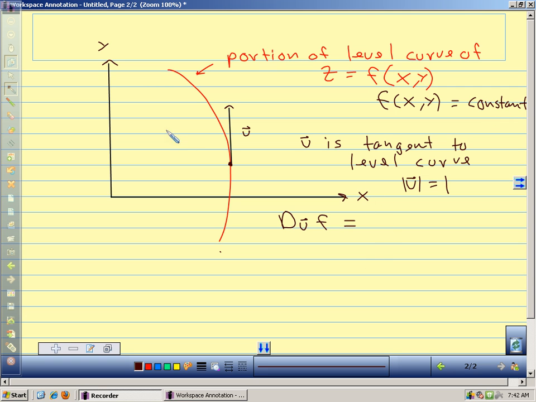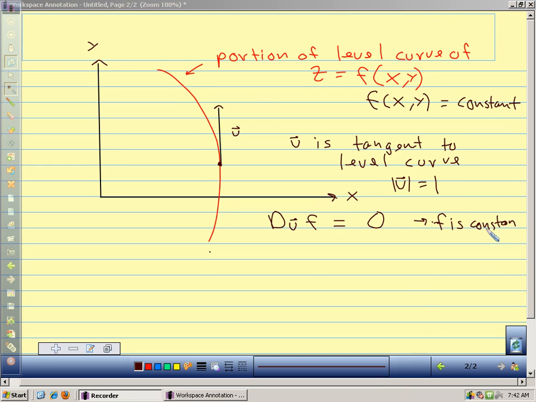So because we're on the level curve, the directional derivative is going to be 0 because z is constant, f is constant. So that tells us that del f dot u is 0. Del f dot u is the same as the directional derivative in the direction of u.